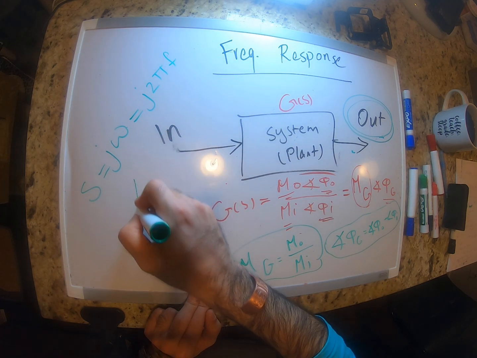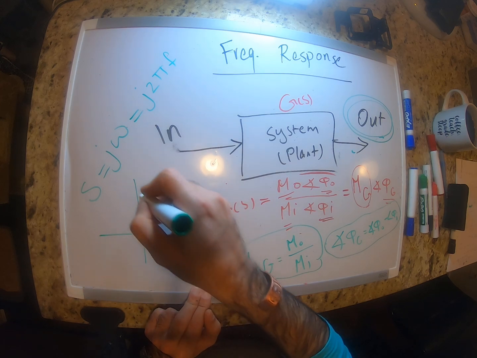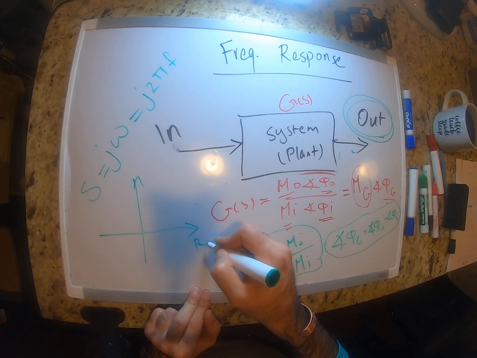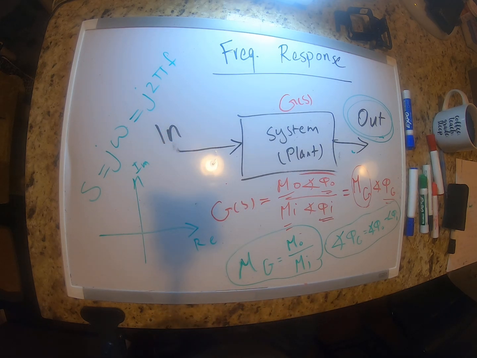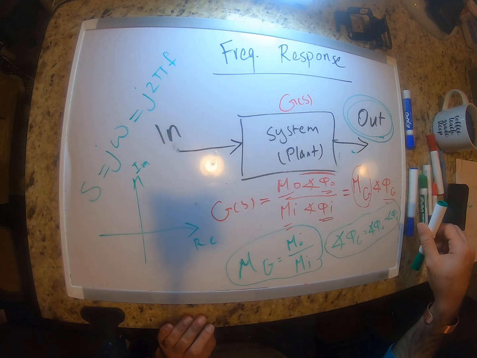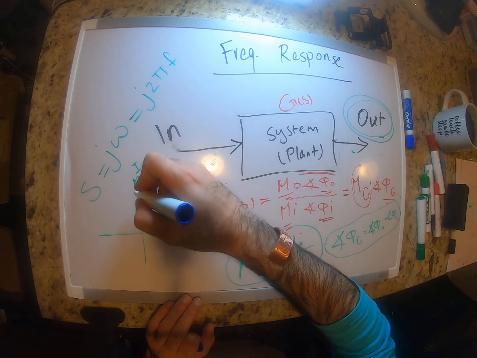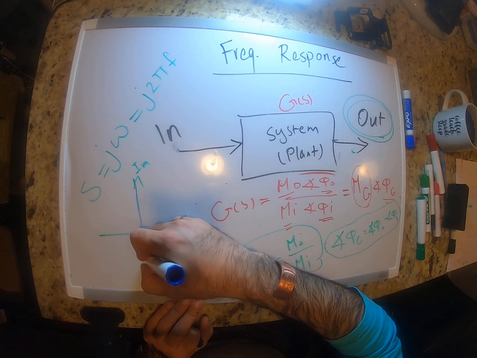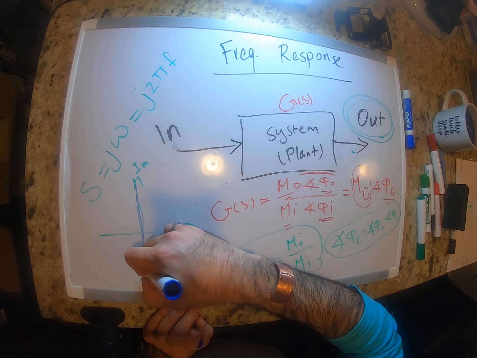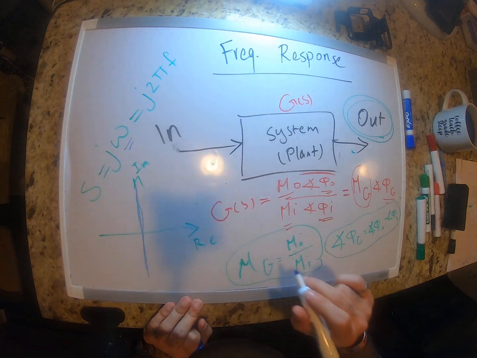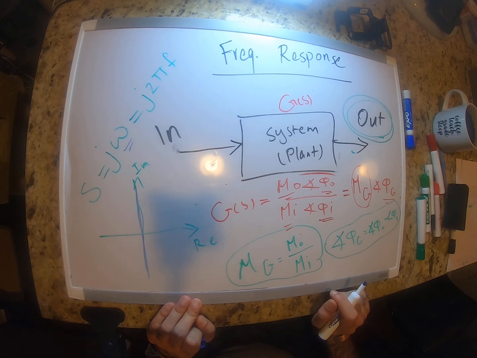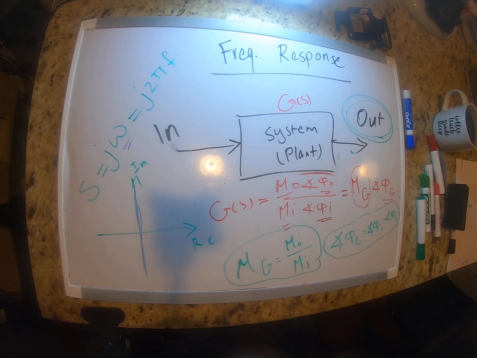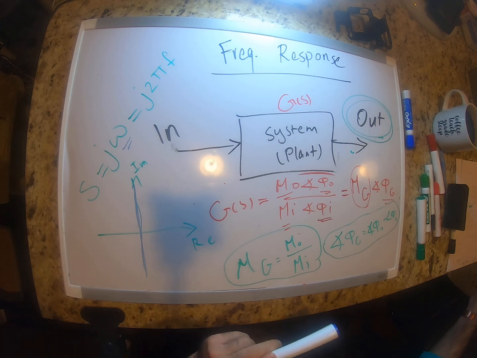If this is the complex plane, this is real, this is imaginary, it means that s can be anywhere here, but we are only going to move s along the imaginary axis. These would correspond to different frequencies. So this is basically how we can find the frequency response of a system.